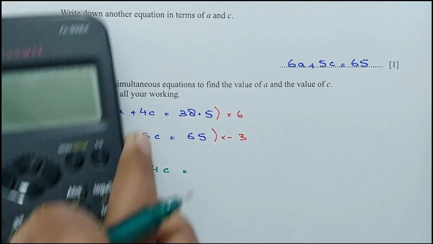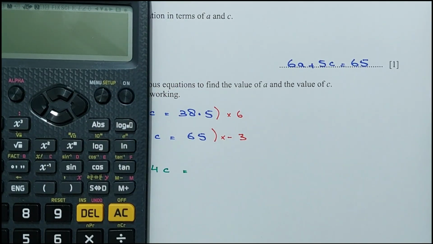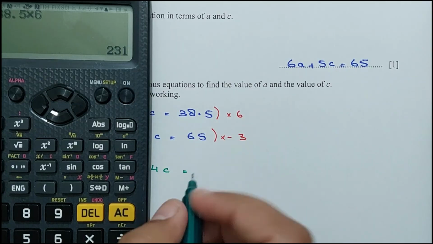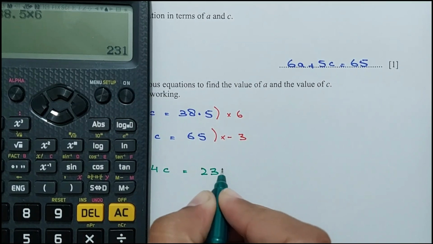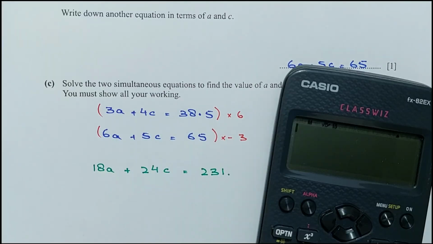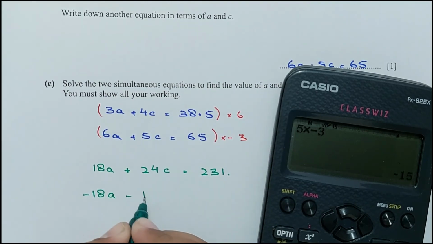Okay, and here we have 38.5 times 6, which is 231, right? For the next equation, we have 6 times negative 3 would be negative 18A. 5 times minus 3 is minus 15C.